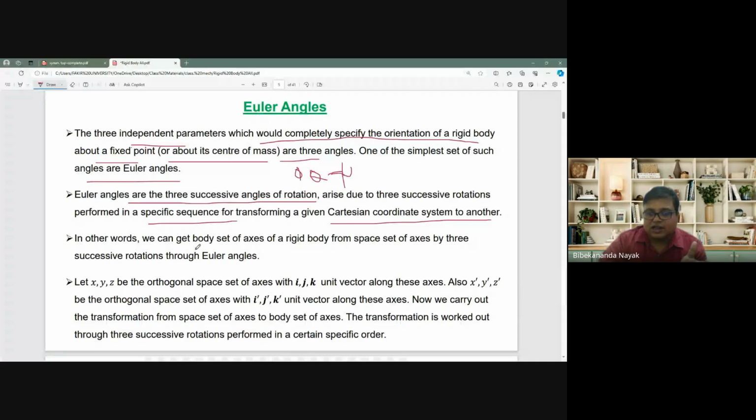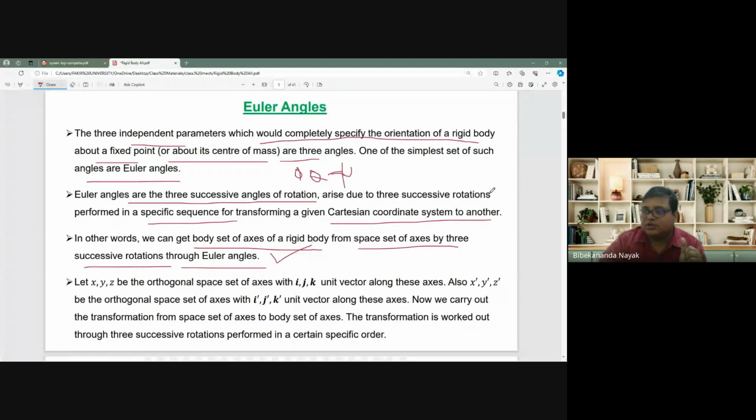So we can get the body set of axes of a rigid body from the space set of axes by 3 successive rotations through Euler angles, performed in a specific order, so that the space set of axes gives you the body set of axes.